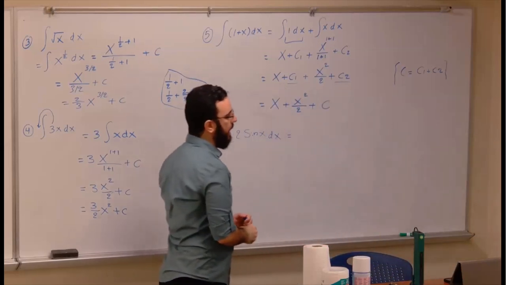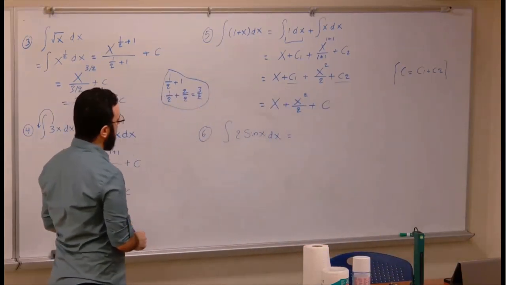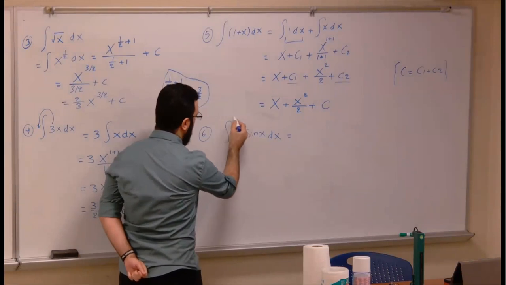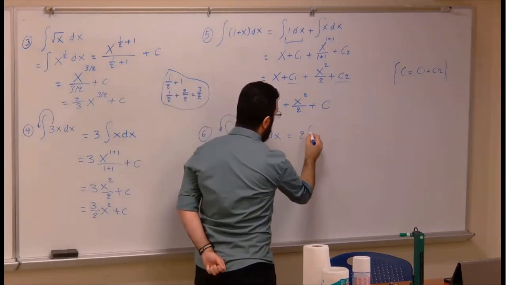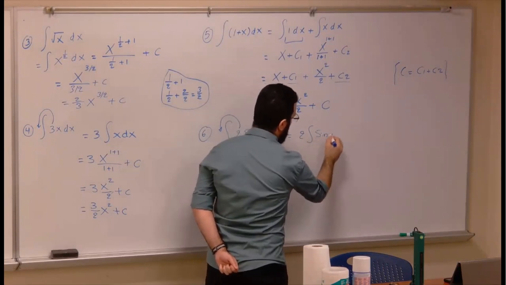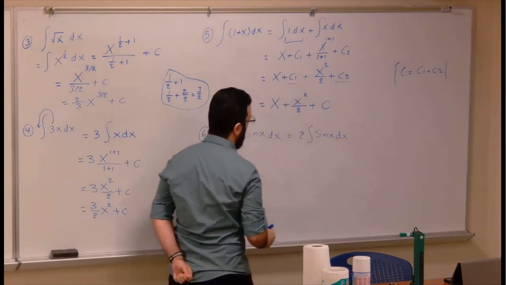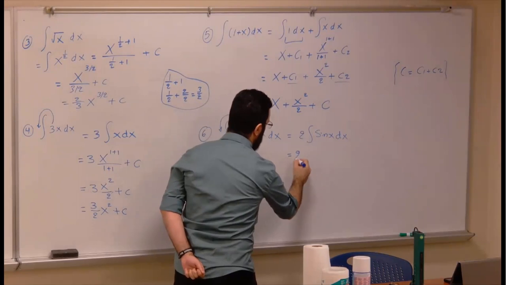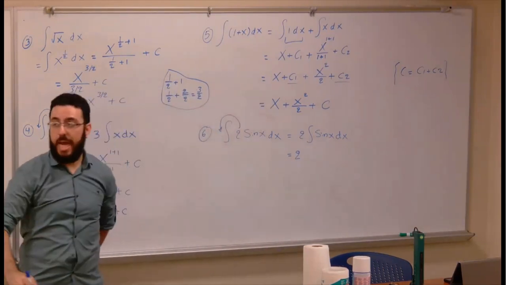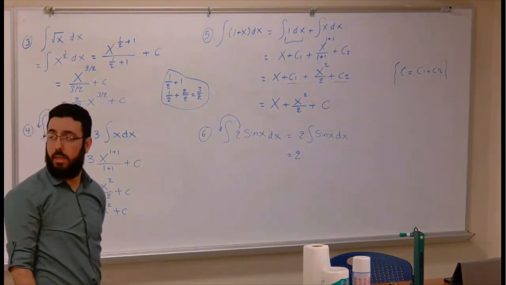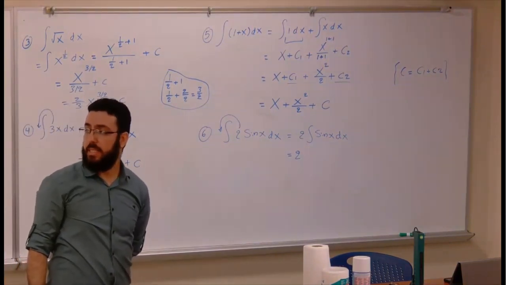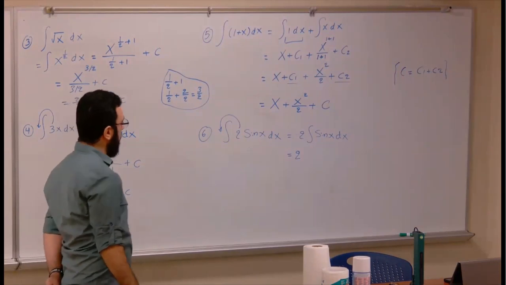Of 2 sine x dx. Again, here the constant is going to go out, so it's going to be the same thing. It's 2 times the integral of sine x dx. And it's going to be equal, here's the 2. The integral of sine x dx is negative cosine.